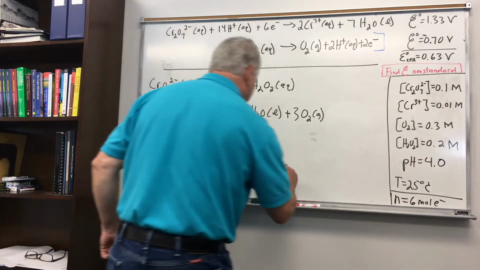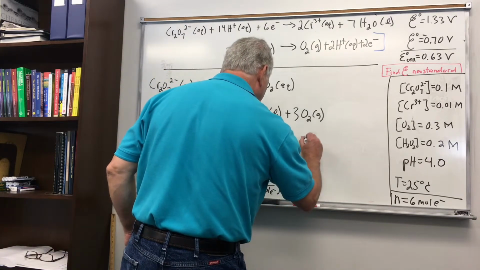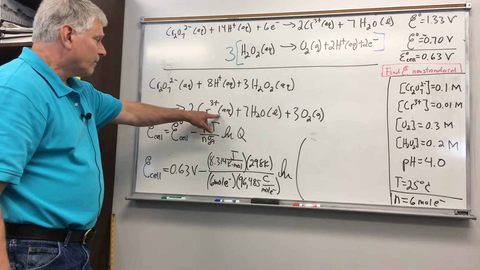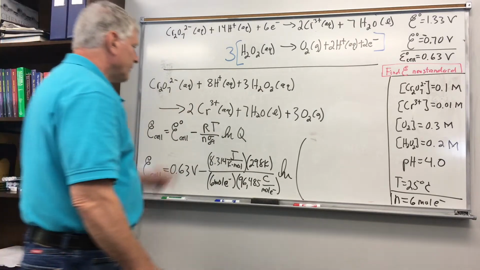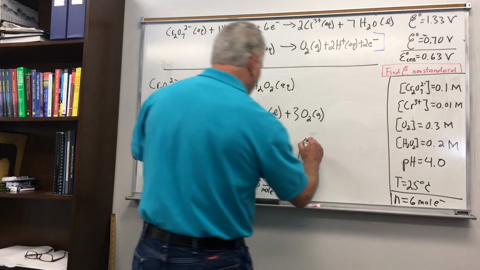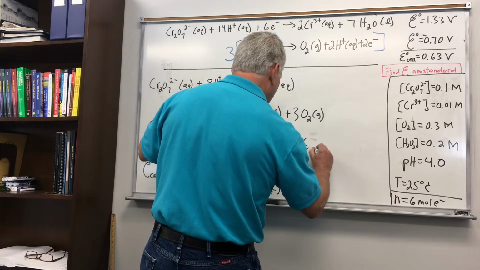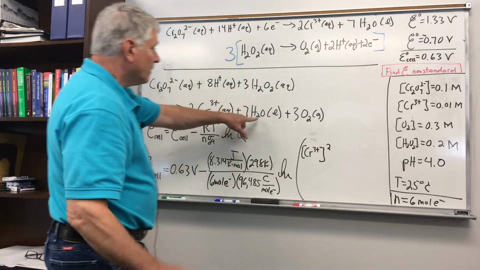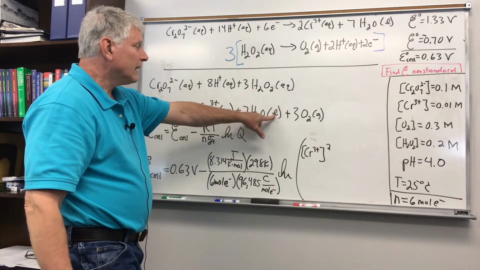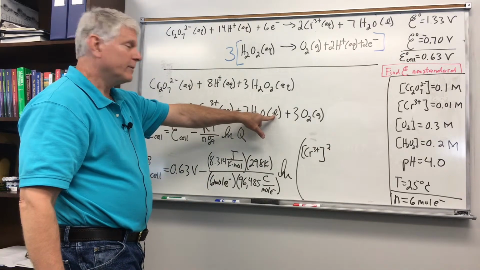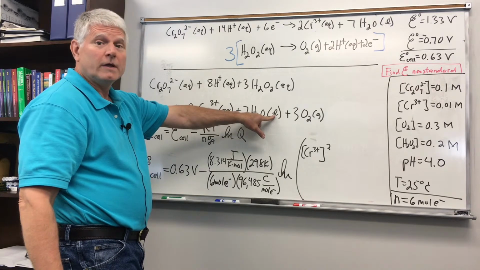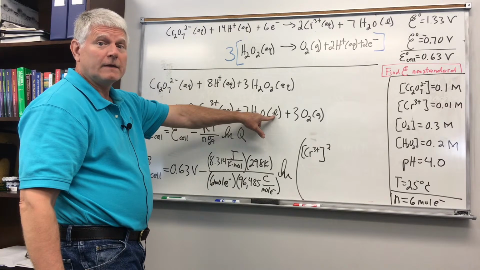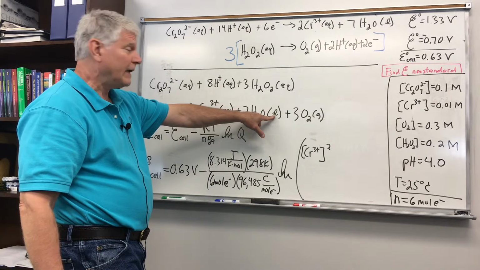And then I have the natural log of the reaction quotient. So it's the concentration of the products divided by the reactants. So I have product, chromium 3 plus squared. Water is in the liquid phase, it's a pure liquid. So remember, I don't include pure liquids and solids in the equilibrium constant or reaction quotient.